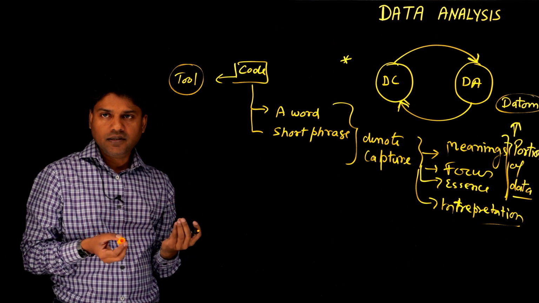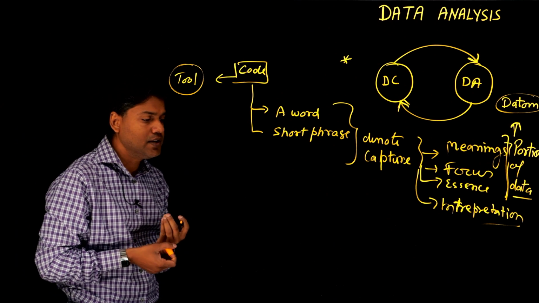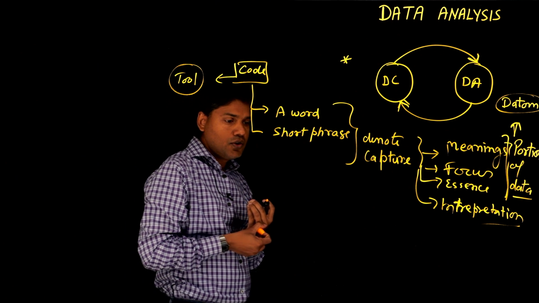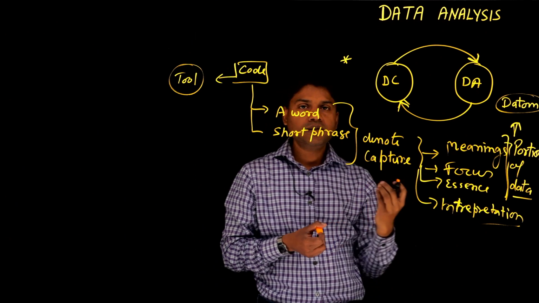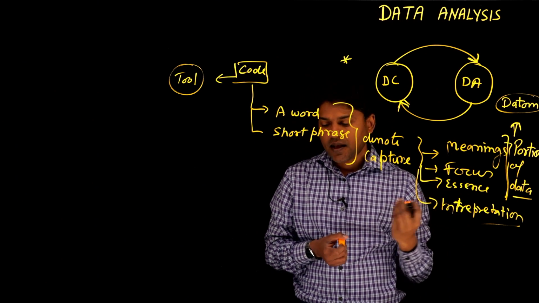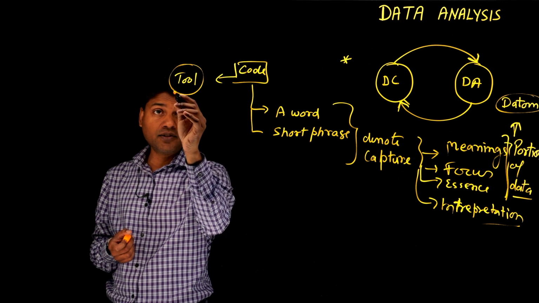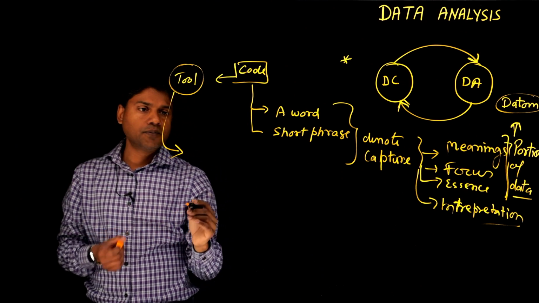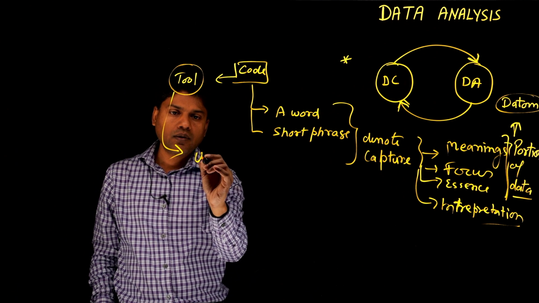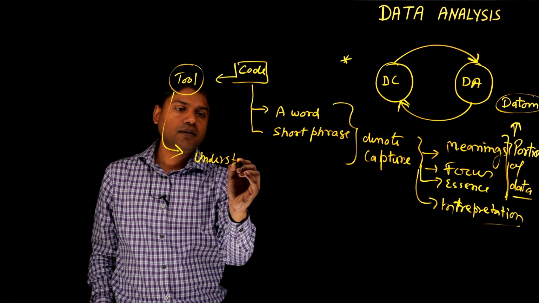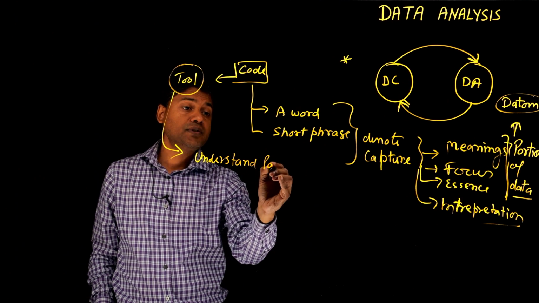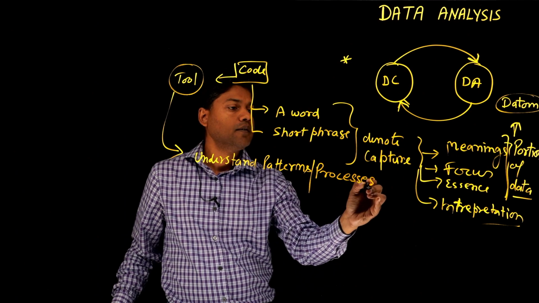It's a strategy, a tool that we as qualitative researchers use to analyze qualitative data. The purpose of using coding as a tool is to understand patterns and processes in the data.